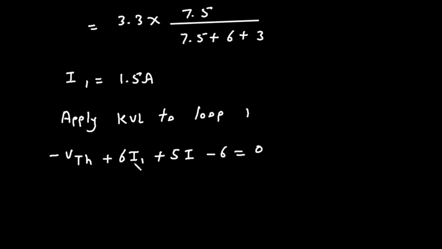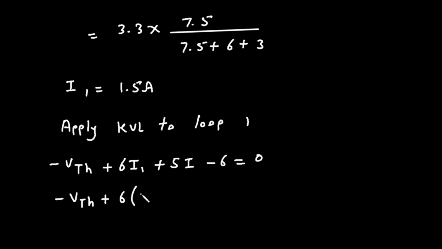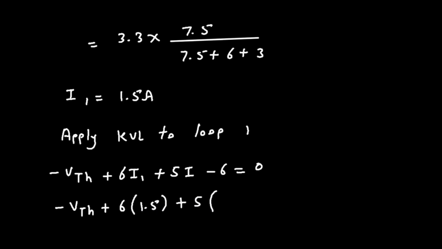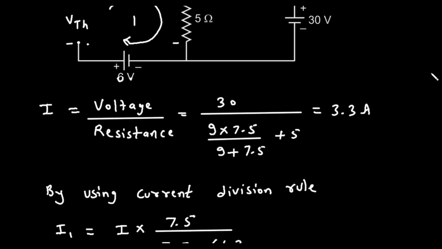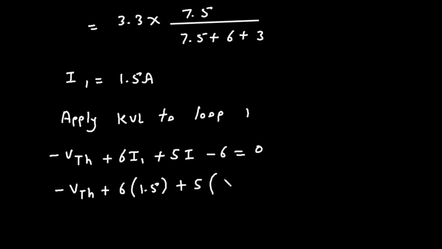So now we can put the value of I1 and I. So it will be minus VTH plus 6 into the value of I1 is 1.5. So 1.5 plus 5 into the value of current I is 3.3, 3.3 minus 6 is equal to 0.